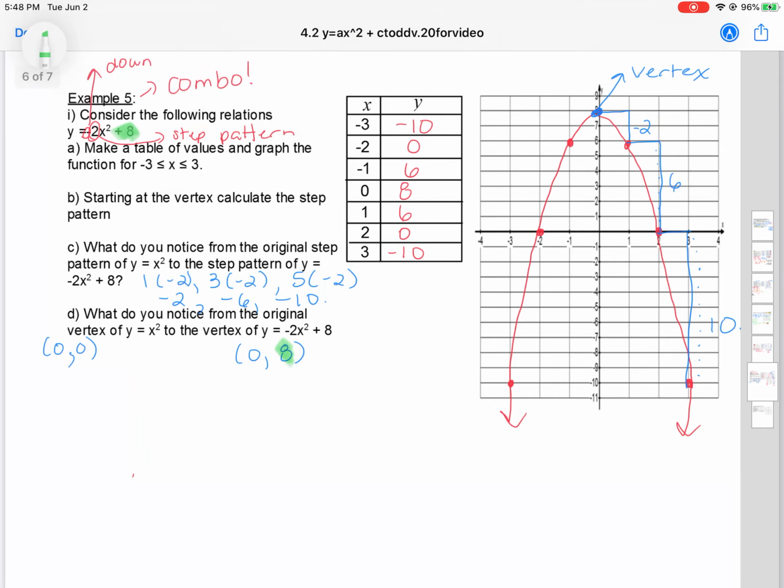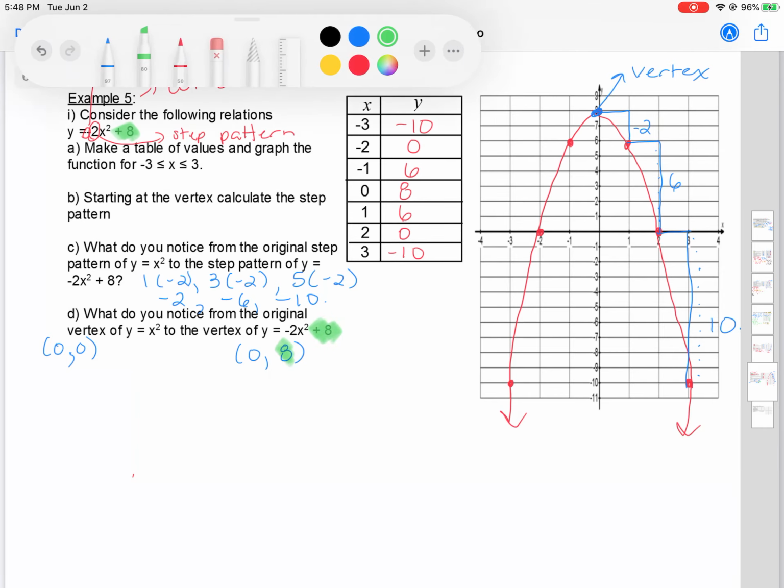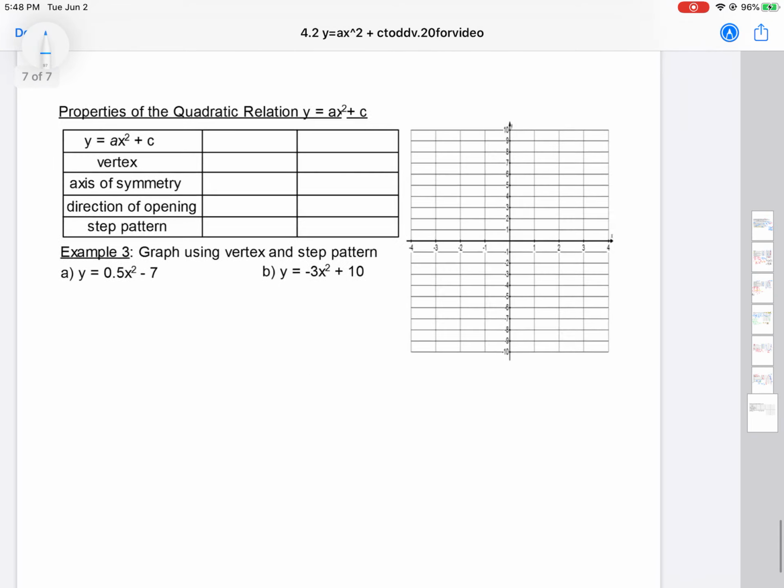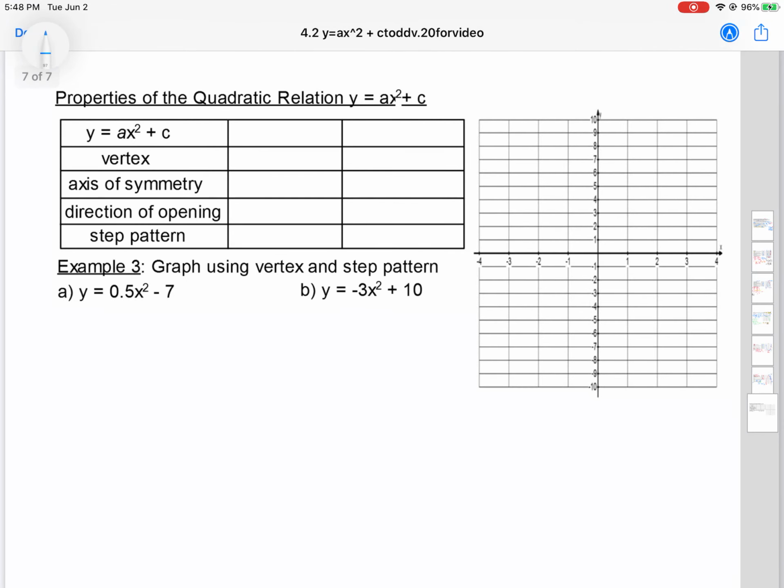So now again, this time it's the positive 8. So it's been shifted up 8 units. Okay, so when it's positive, the positive value at the end, or this positive C value, it's going to go up. If it's negative, it's going to go down, which is really what you've seen before.